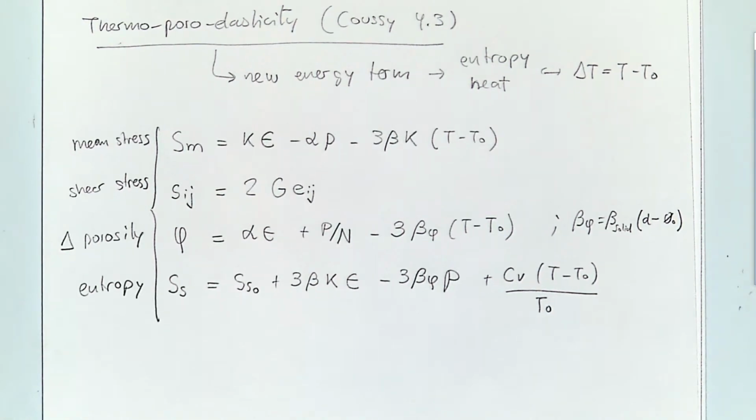So you solve all of those together, and then you're going to be able to solve a problem of thermo-poro-elasticity, accounting for the porosity and the fluid pressure. It's not a lot more difficult than what we did before. Just one more term.